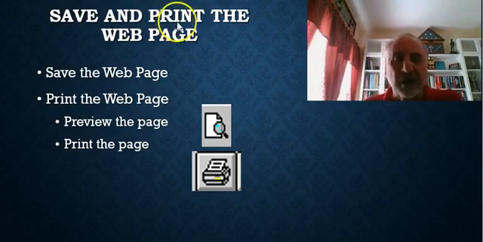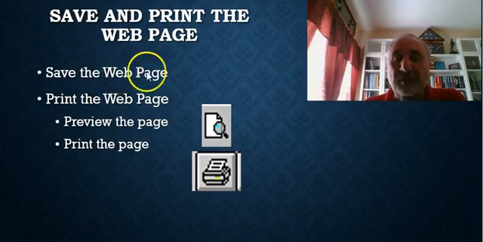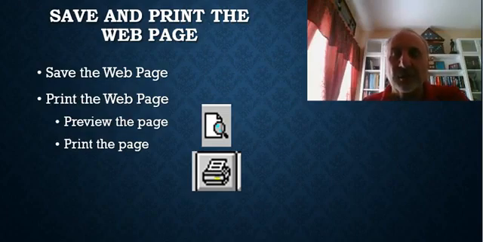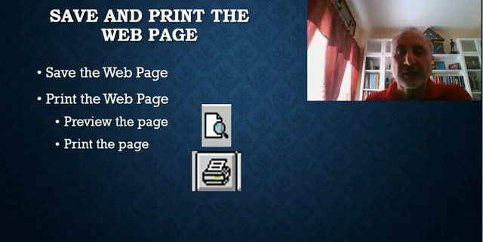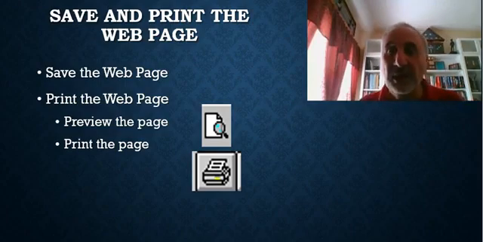The last thing we're going to cover before we finish is saving the web page and printing it. We've already learned how to save a web page, so this is just another reminder that you can use the file save command to save your page as an HTML file, as a web page.